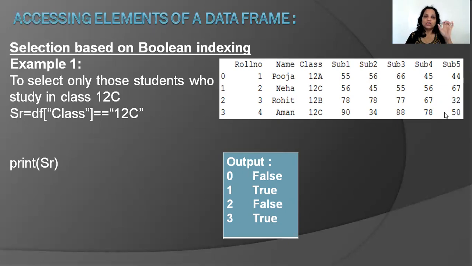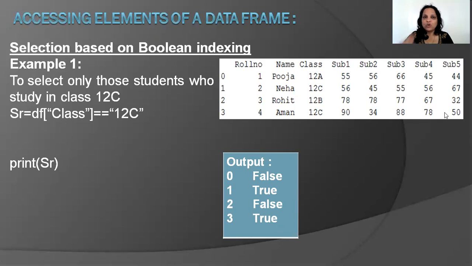So remember, you can store a condition in a variable, but when you display that variable, it only shows you the index labels along with whether each row satisfied your condition or not. It actually doesn't give me the students who are in 12C. Then what if I want that? I'm not interested in which row is giving me true or false.